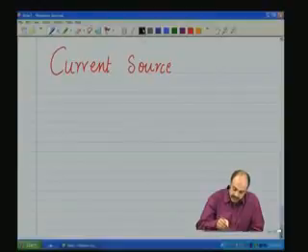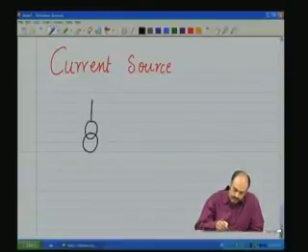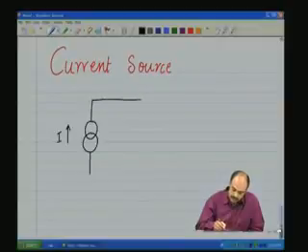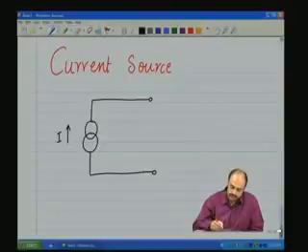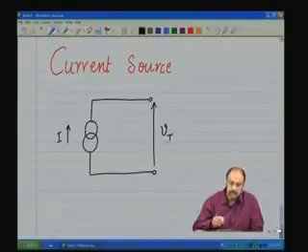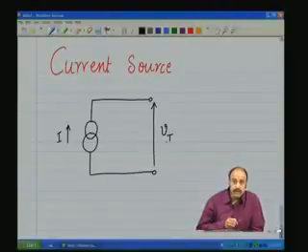So a practical current source is composed of an ideal current source, this is the current I, and this is supposed to be connected to the external circuit which determines the terminal voltage.